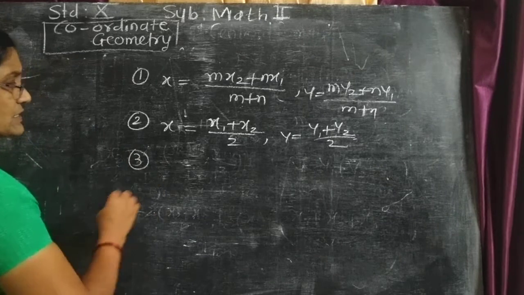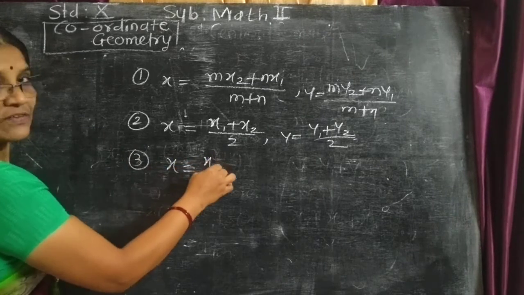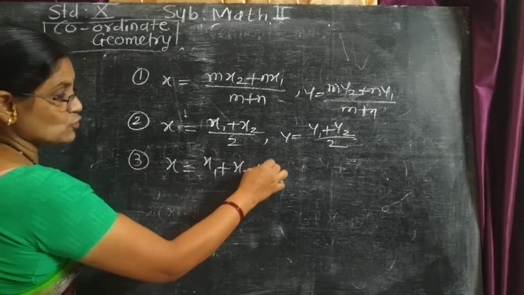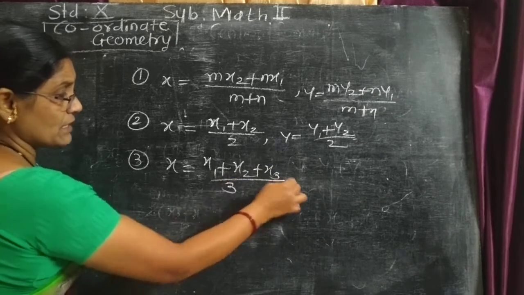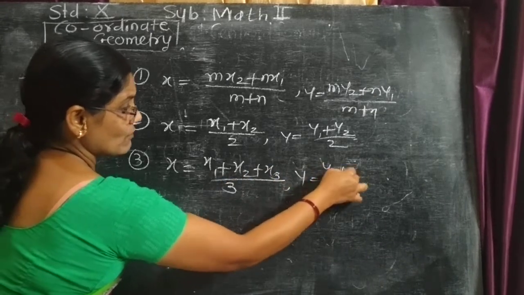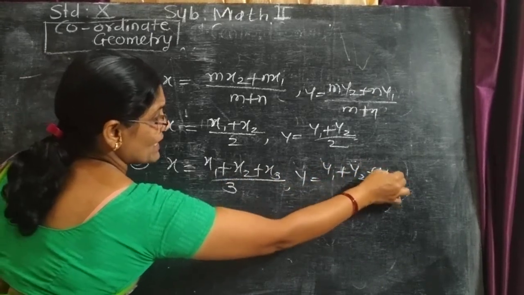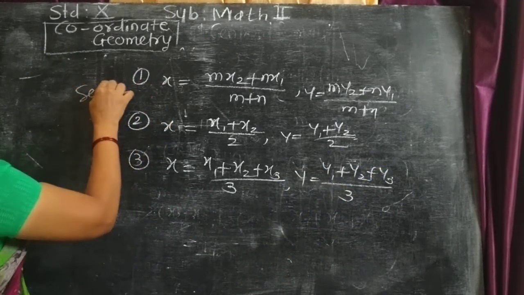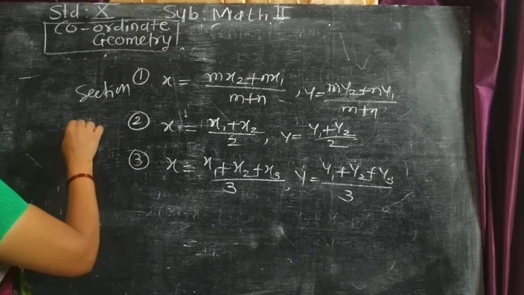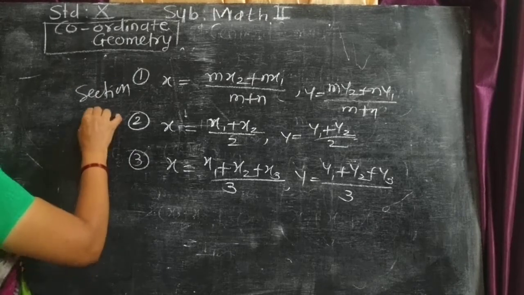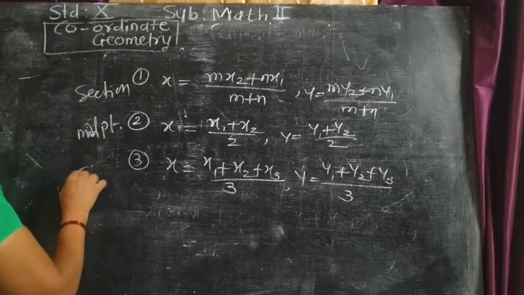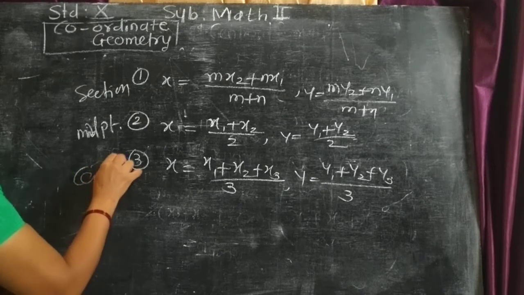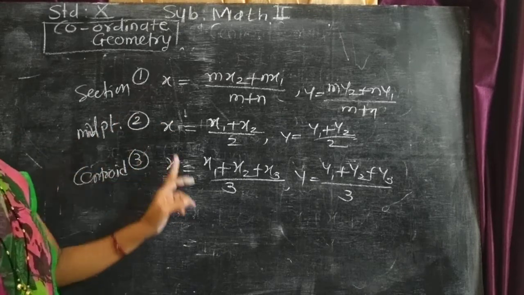And third is the centroid formula: X is equal to x1 plus x2 plus x3 upon 3, Y is equal to y1 plus y2 plus y3 upon 3. This is the section formula, this is midpoint, and this is centroid. Remember all these three formulae.